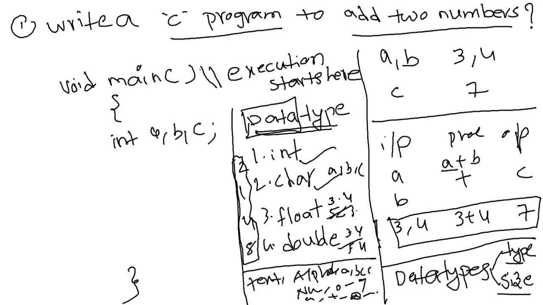For now you go for the standard: int 2, character 1, float 4, double 8. So this much of data only you can store if you use an int. So integer can store only 2 bytes. If you want to store more than 2 bytes, you can't store it with the help of integer. You need to go for some other thing.